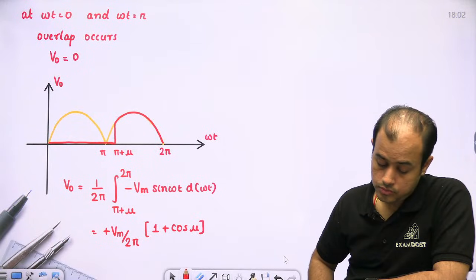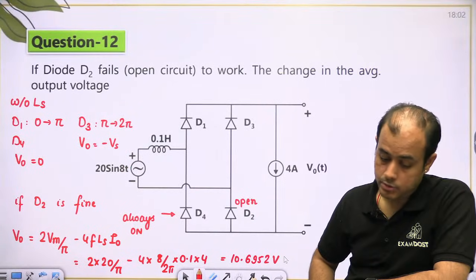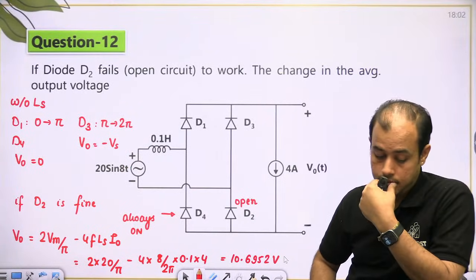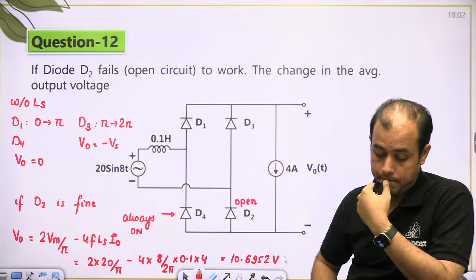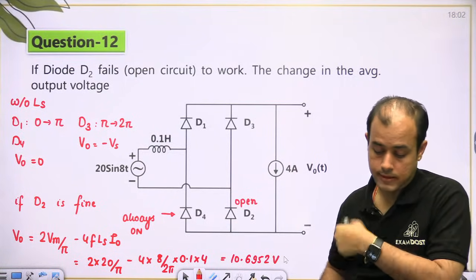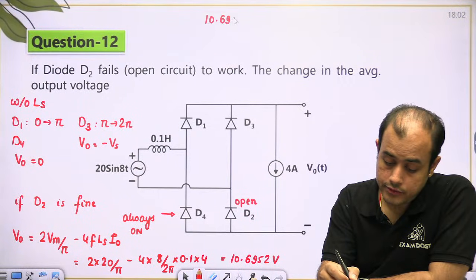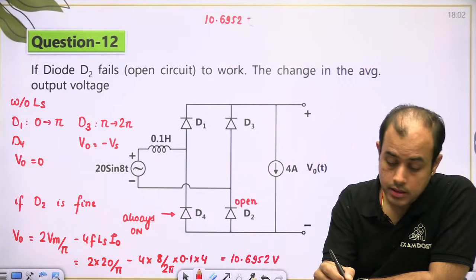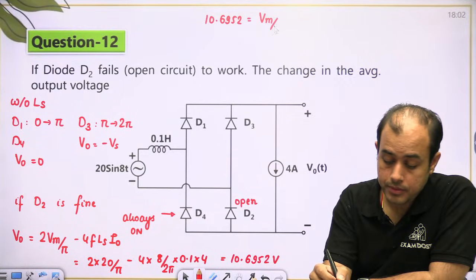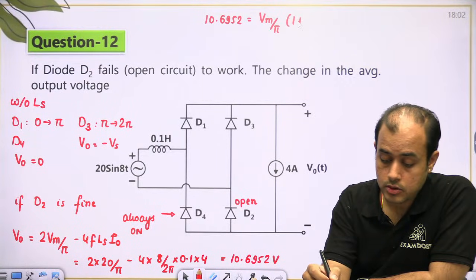Now, if I can keep the same overlap angle, 10.6952 is Vm by pi into (1 plus cos mu).